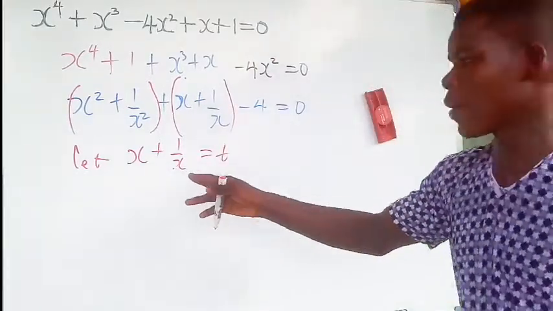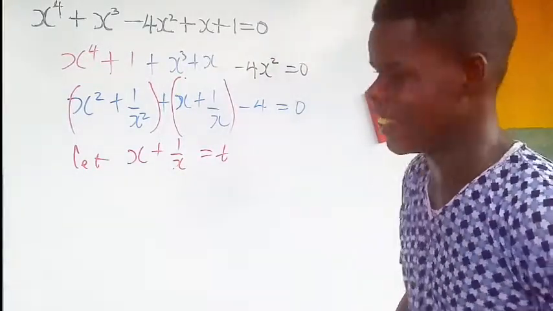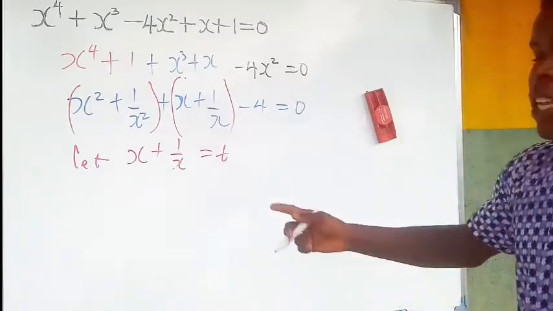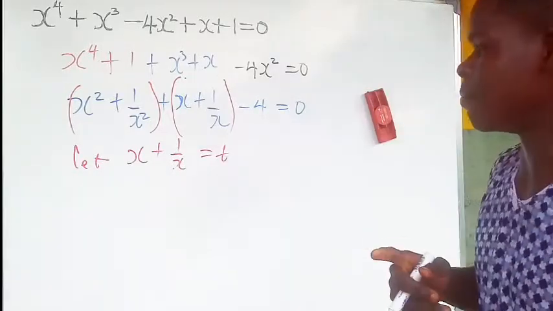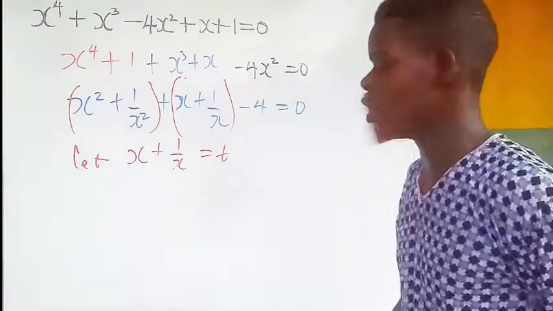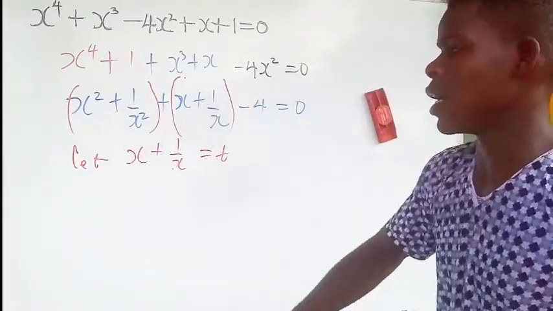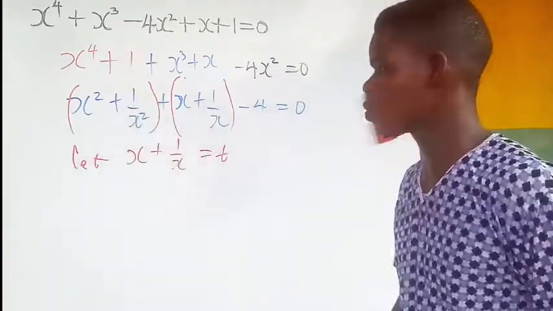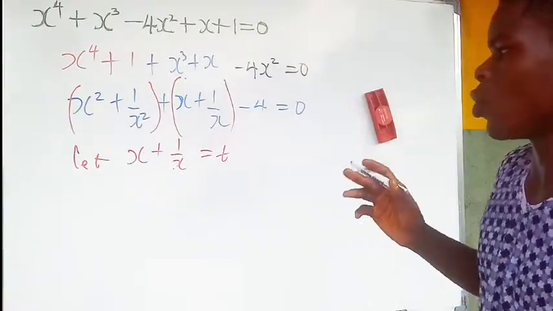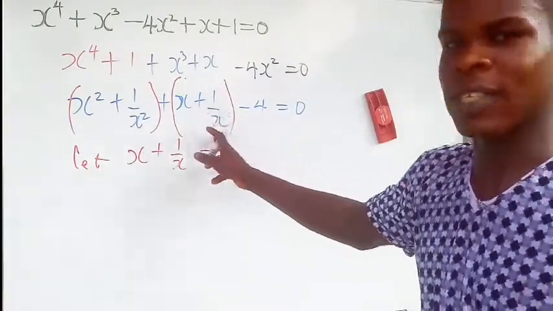I like using t. If that's the case, then what will x squared plus 1 over x squared be, if x plus 1 over x is t? It appears to be the square of this.